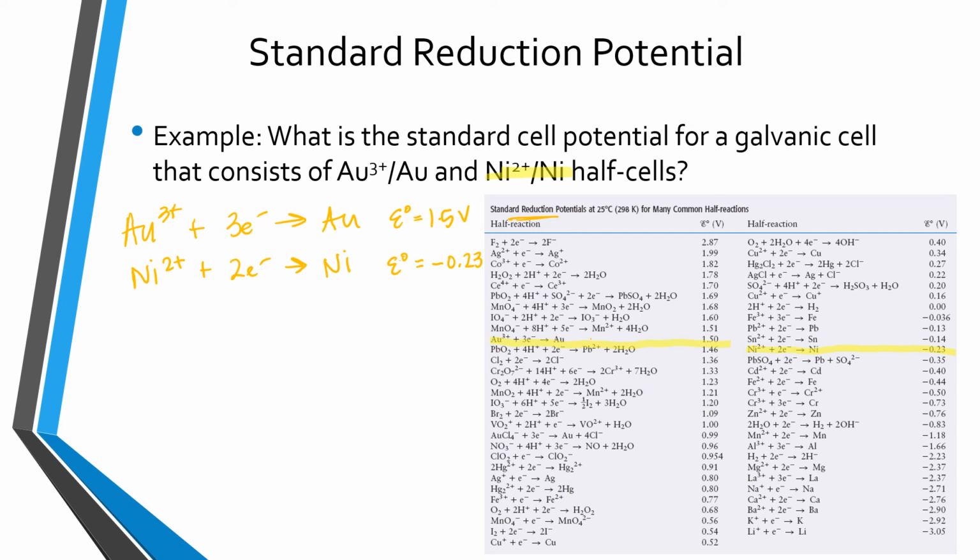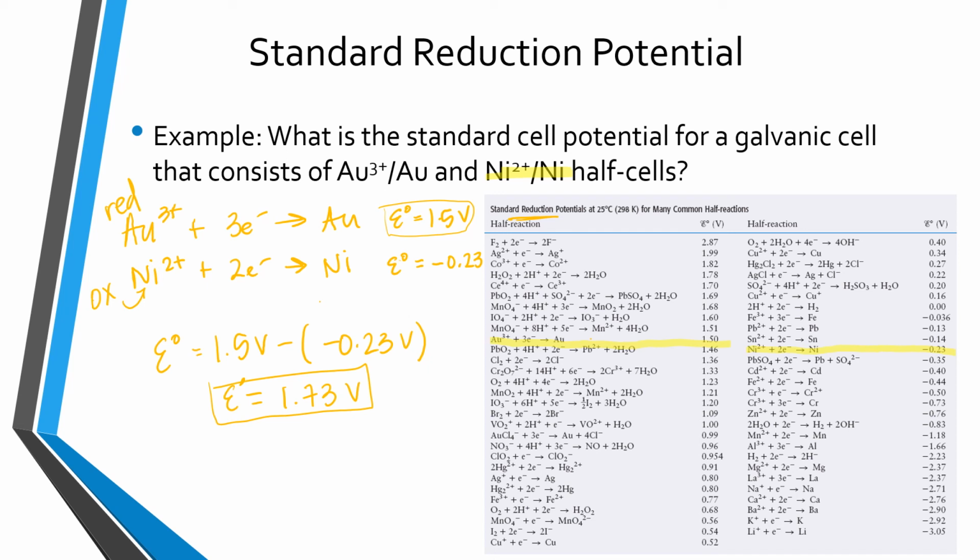So this, of course, is the higher voltage, so this is going to be my reduction, which means that this one is my oxidation. So the cell voltage is cathode minus anode, or reduction minus oxidation. So 1.5 volts minus negative 0.23 volts gives me 1.73 volts, which is the cell potential of this cell.